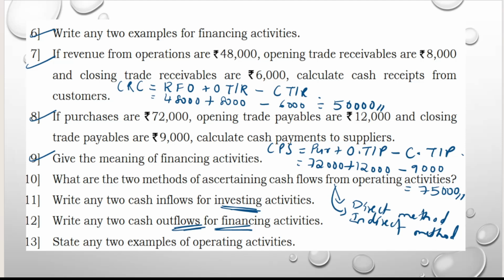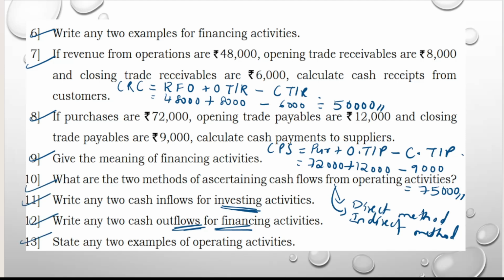When you repay the loan to the bank, when you pay the dividend to the shareholders, when you pay the interest to the debenture holders, when you give back the share money, when you redeem the debentures. These are cash outflows.